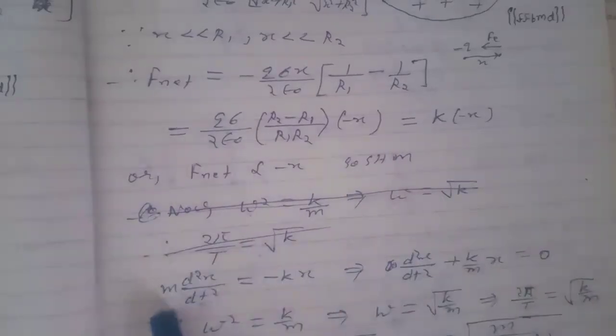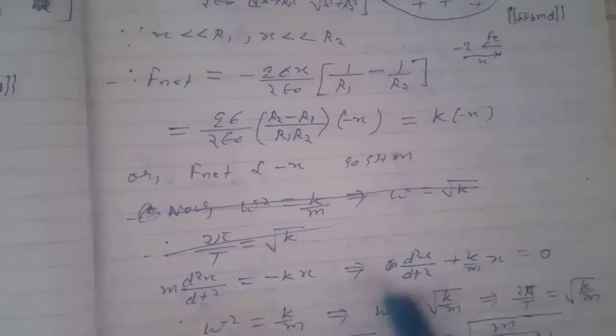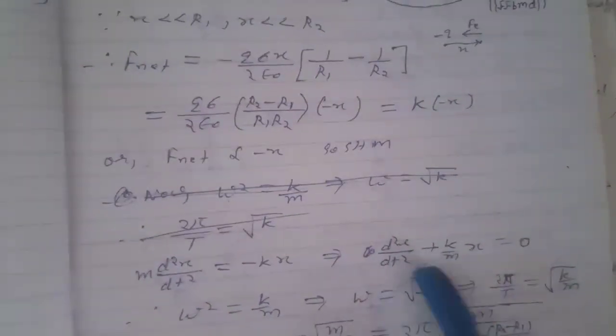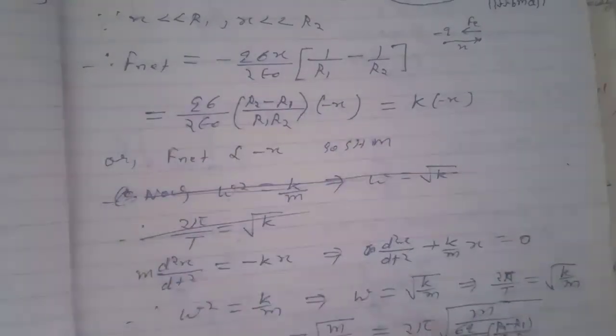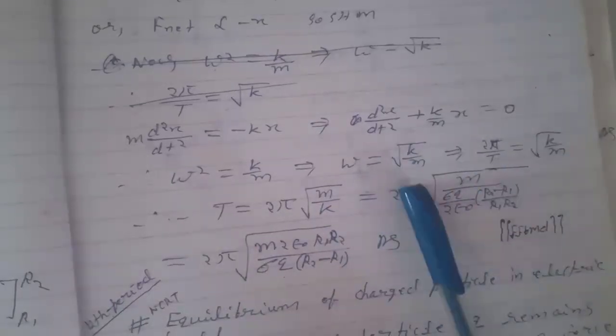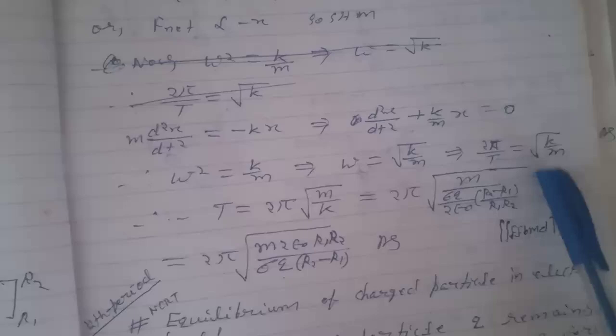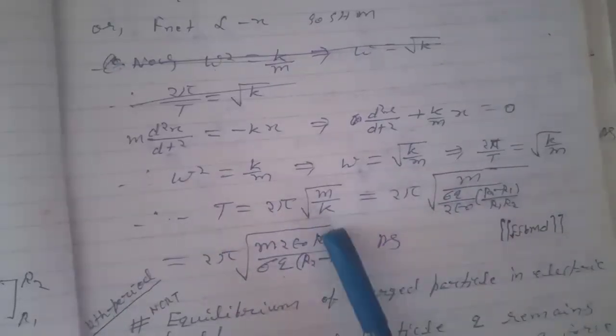Now we can write m d2x by dt square equals minus kx, or d2x by dt square equals minus k by m into x, and this is equal to omega square, and k is given by this value. Hence omega square equals k by m, and omega equals under root k by m. 2 pi by T equals under root k by m, hence T equals 2 pi under root m by k.